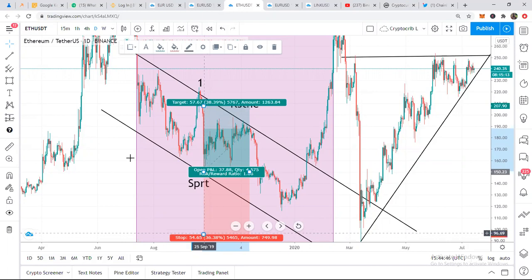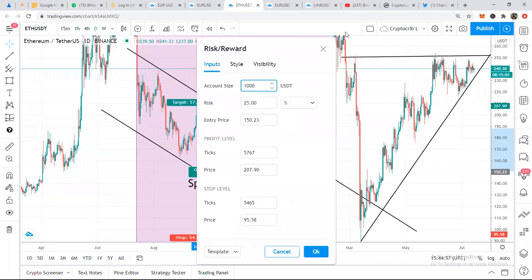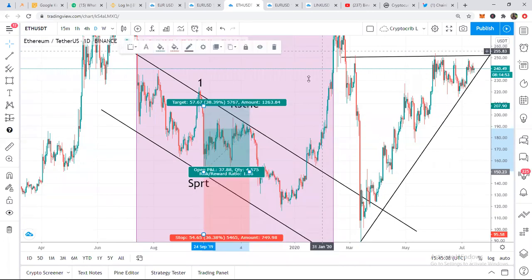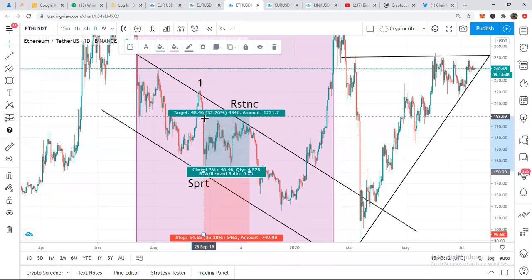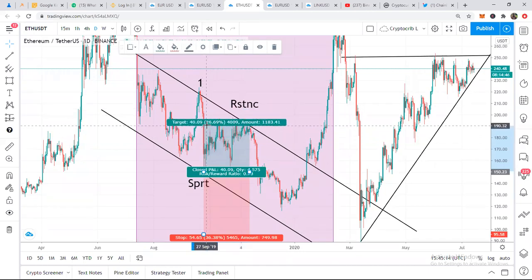Now, if you bought this support, and you use long position, that means you can set this long position depending on your account size and the percentage risk. That's for leverage. You use this one for leverage very well. So you can edit it, and you can also reduce it manually.